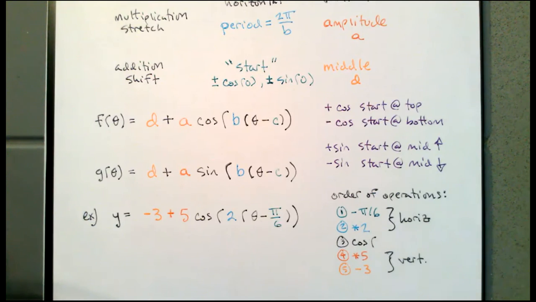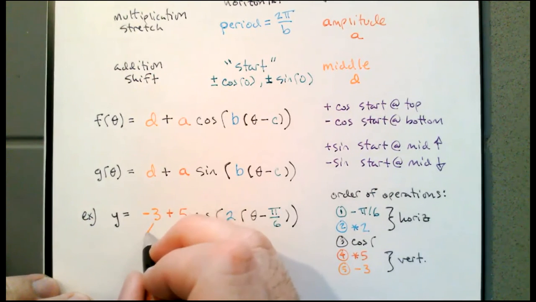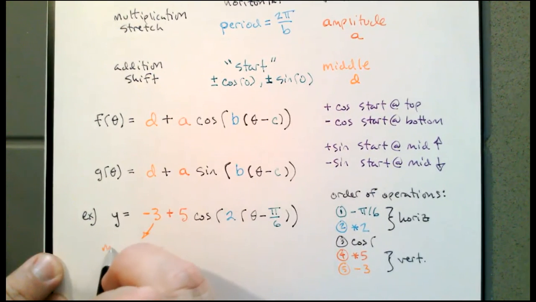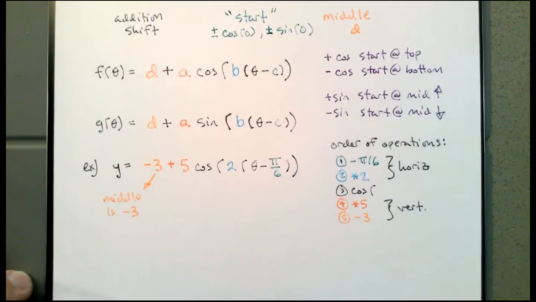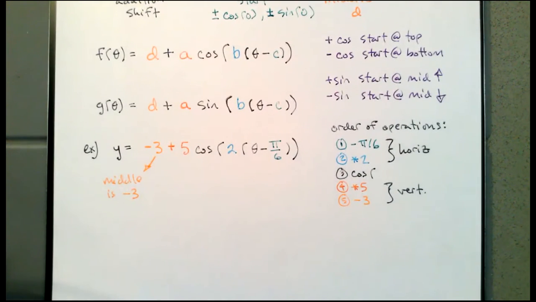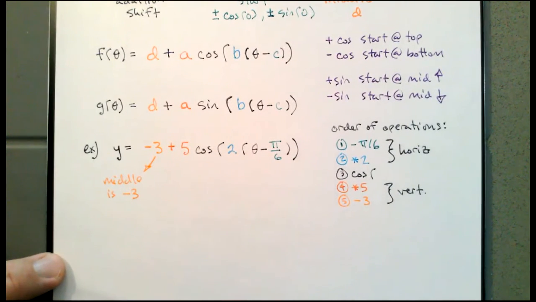This -3 says that we should put the middle at -3. So if I draw the middle, that will happen at -3.